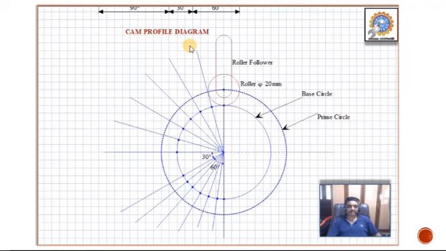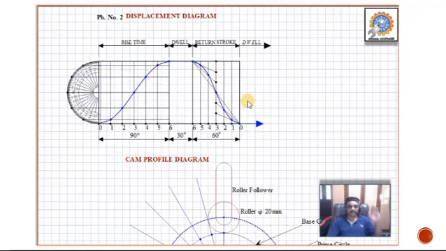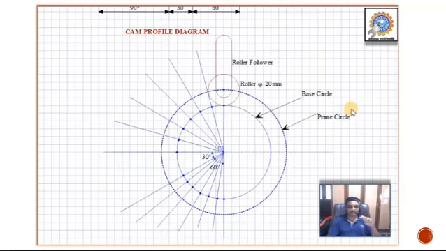You can see here over the displacement diagram, the 90 degree rise time I have divided into 6 divisions. Similarly, over this 90 degree profile diagram also, I need to make a total of 6 divisions, 0, 1, 2, 3, 4, 5, 6.